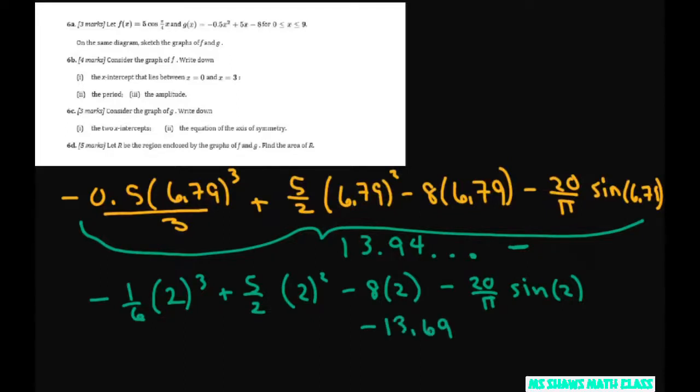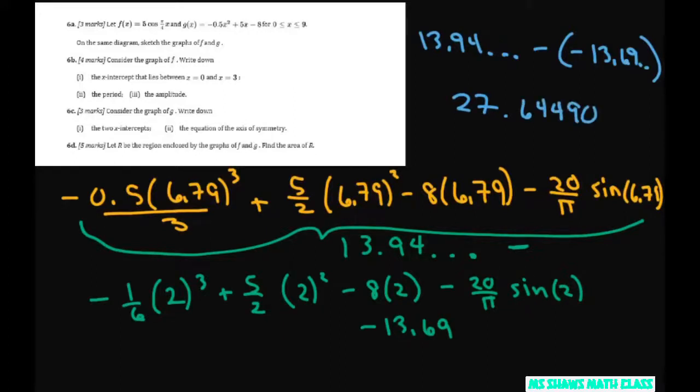So when you finally subtract them, you're going to get 13.94, try to put as many decimals as you can, minus a negative 13.69, try to put as many decimals as you can, and you get 27.644900015.